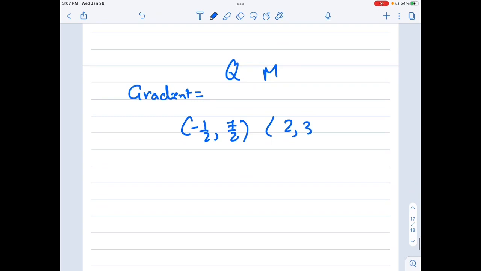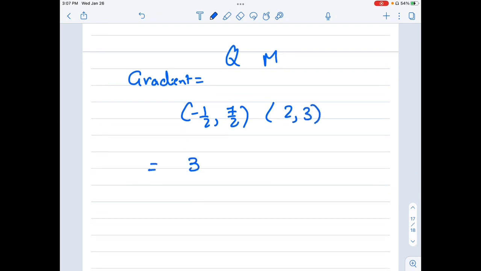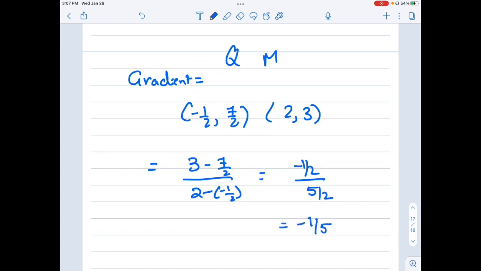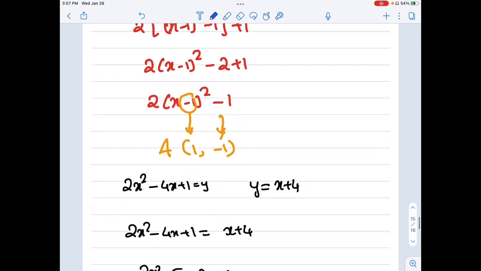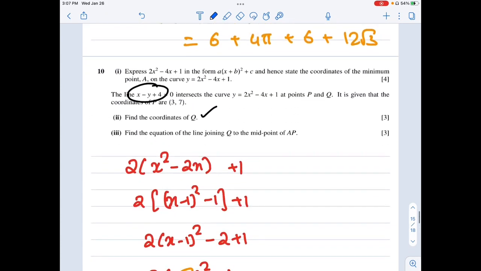2 comma 3. Now the gradient will be equal to (3 − 7/2) upon (2 − (−1/2)), so it becomes (−1/2) upon (5/2), which is −1/5. This is the gradient of the line joining Q and the midpoint of AP.